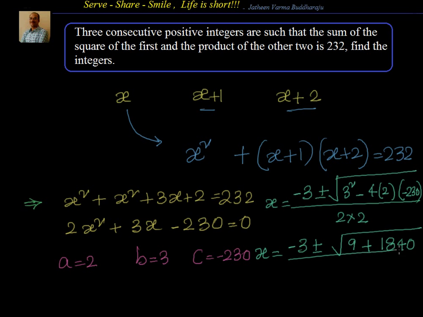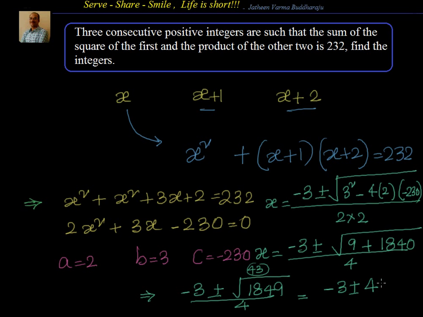You can just check that, divided by 4, which is nothing but equal to minus 3 plus or minus square root of 1849 divided by 4, which is equal to minus 3 plus or minus the square root of 1849. 4 square, 5 square, so it should be 4 and this should be 3 or 7. Seems to be 3 is a better solution. So plus or minus 43 divided by 4.